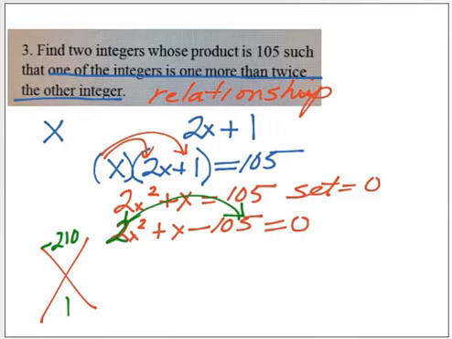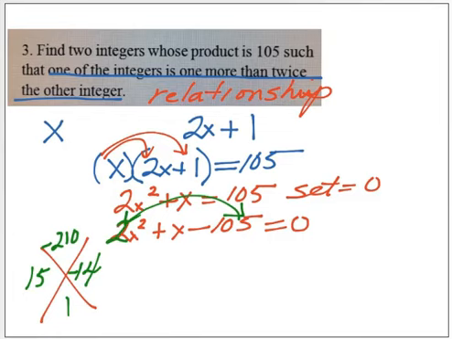Now we mess around with our calculator a little bit, and we finally figure out that 15 and 14 multiply to negative 210. And to make it work, I need one of them to be negative, so we're going to make that one negative. Now right here, in our other problems where there's not a leading coefficient, we would say x plus 15, x minus 14.